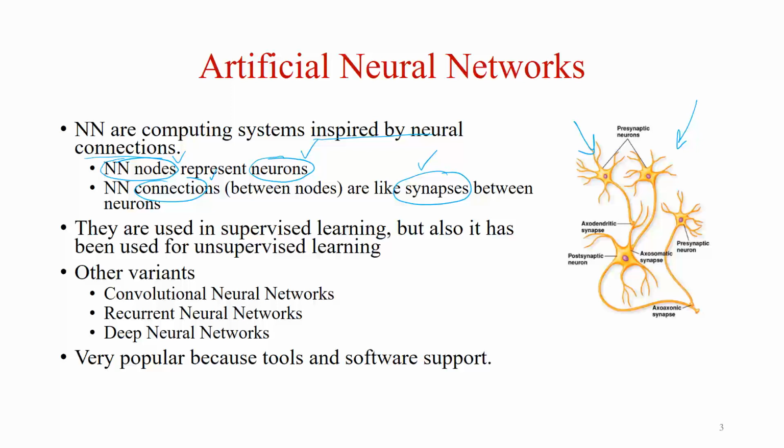And typically, the artificial neural network is used in supervised learning, but you can see some applications for its use in unsupervised learning. There is the basic one that we'll cover in this lecture and the following lecture, but there are other variations: convolutional neural network, for example, recurrent neural network, deep neural network.